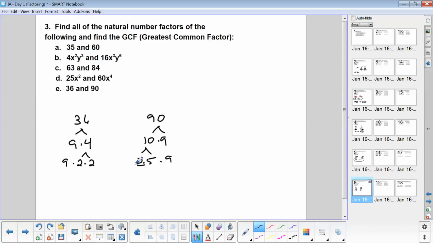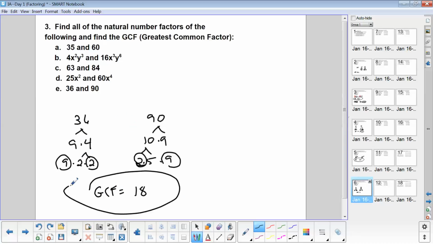So what do they have in common? Well, they've got a 9, and what else? A 2. So 2 times 9 is 18. So the greatest common factor of 36 and 90 would be 18. 9 would be a factor. It's just not the greatest.